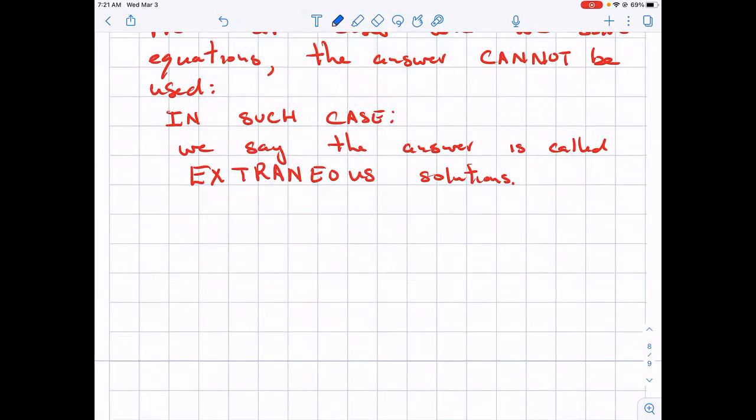Example, solve. If I give you the equation 1 over x minus 2 is equal to 3 over x plus 2 minus 6 over x squared minus 4.